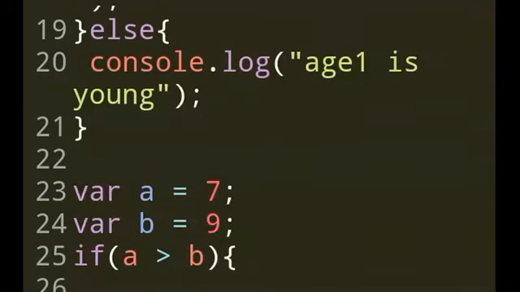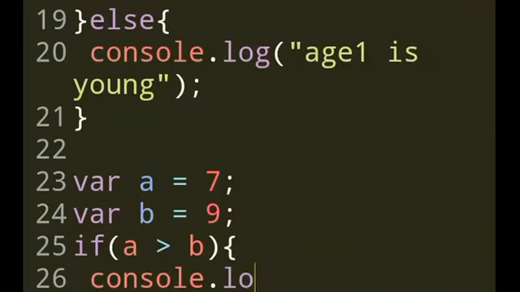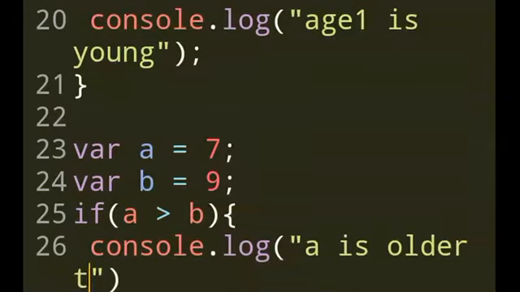Then what I want to declare? console.log, if a is greater than b, then console.log a is older. Right? Semicolon.